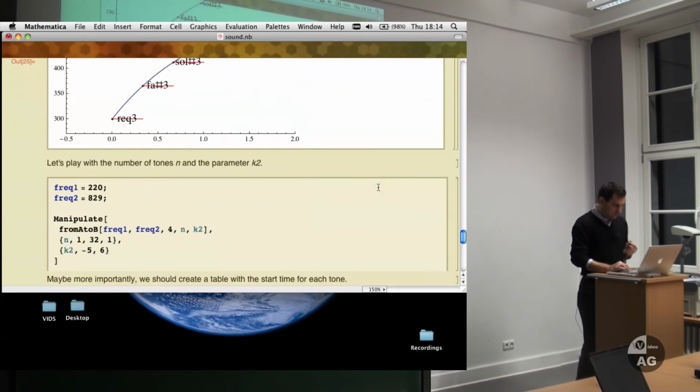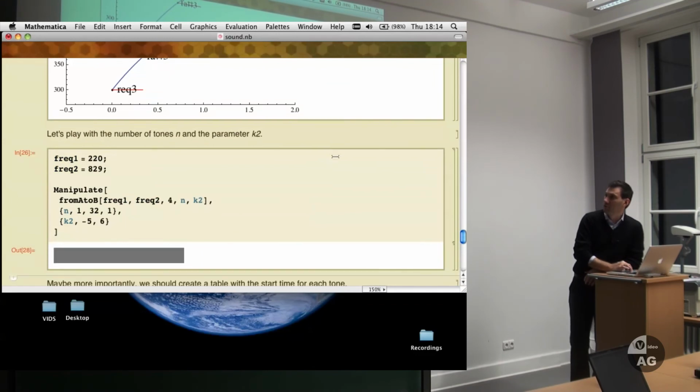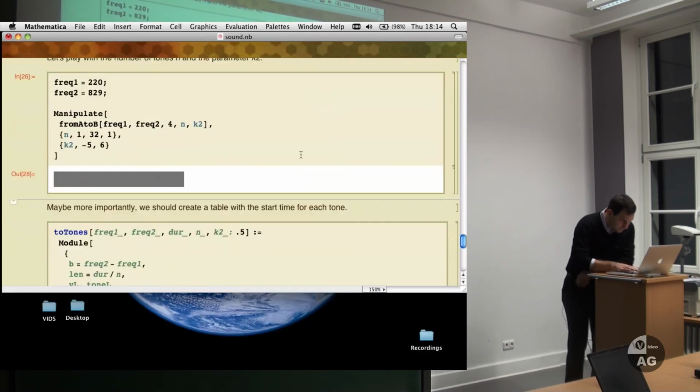And now we can generalize the whole thing. What is that? What is this?